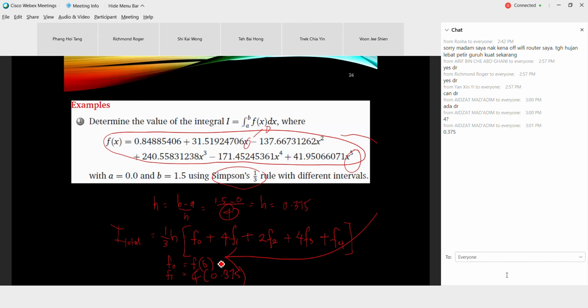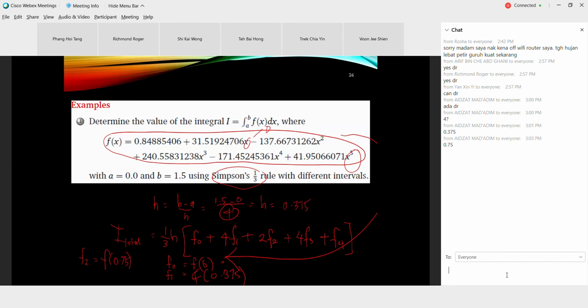Substitute your x with 0.375. Repeat this process for F2, which is F at 0.75, 0.375 multiplied by 2.